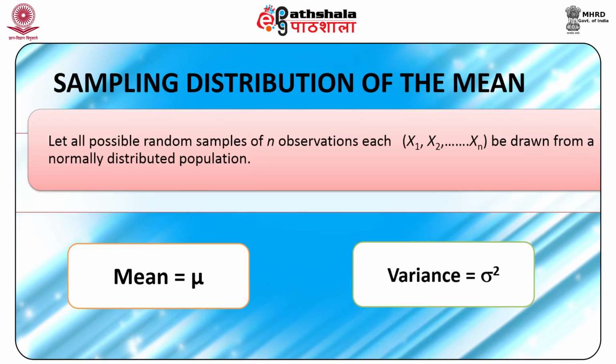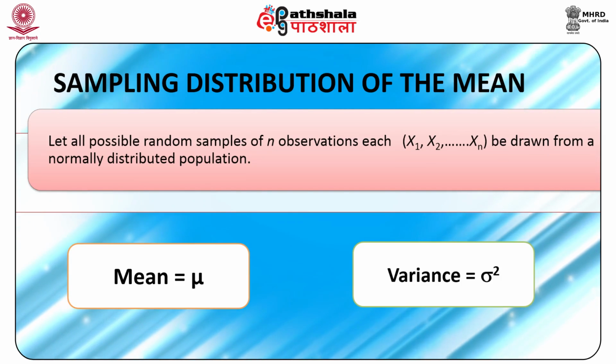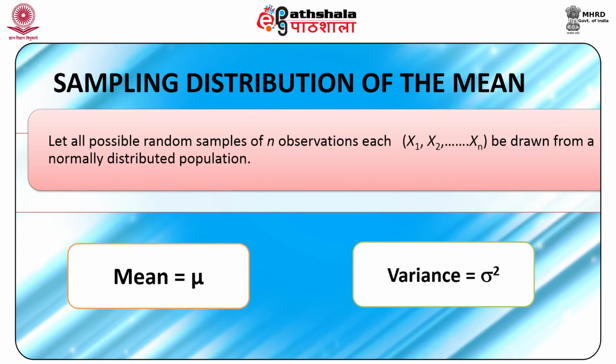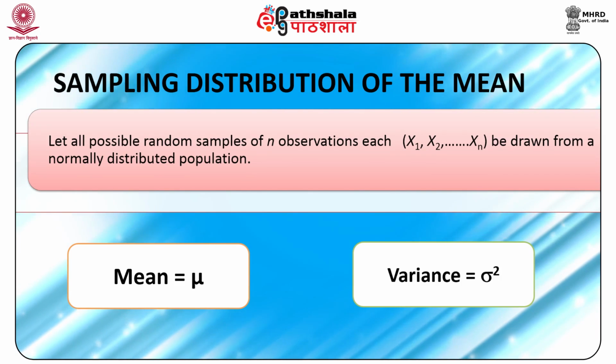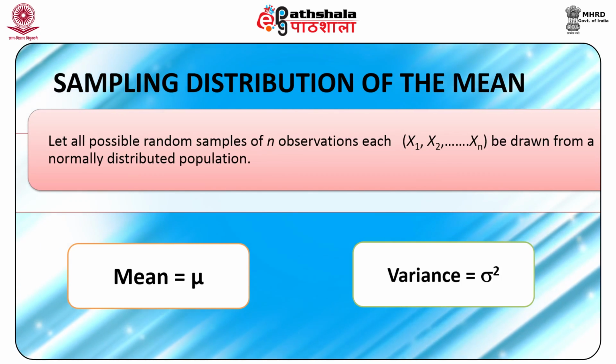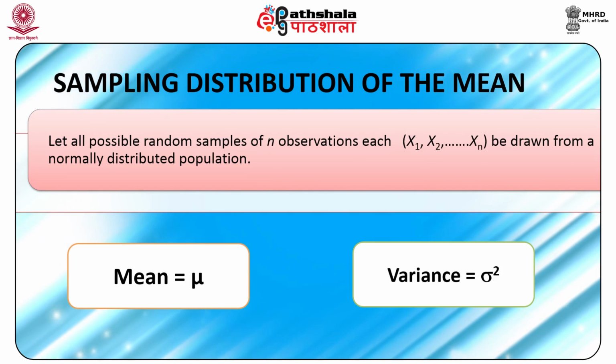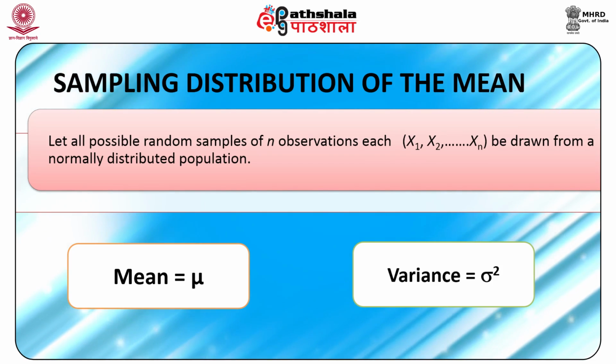So let us understand in this section 3.1 what is the sampling distribution of the mean. Let us assume that all possible random samples of n observations, each described as X1, X2, and so on till Xn, are drawn from a normally distributed population.